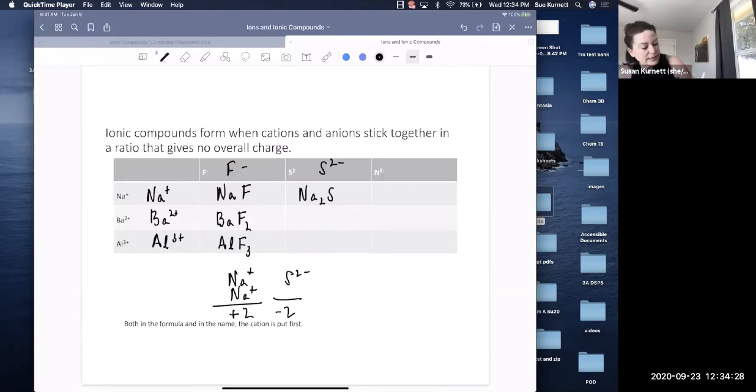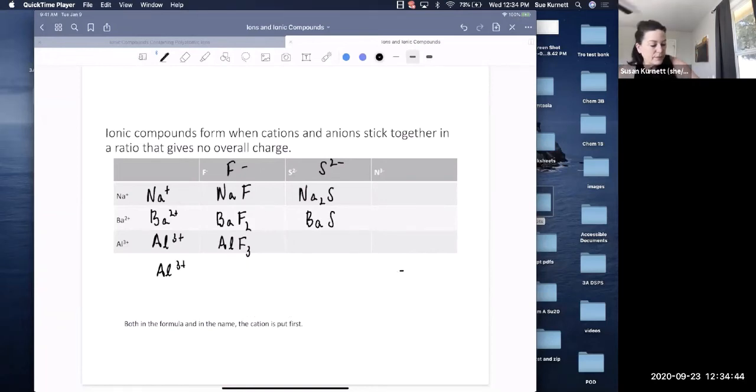Barium sulfide, well, barium's +2, sulfide's -2. They just come together in a 1-to-1 ratio. For aluminum and sulfide, I need the lowest common multiple of 3 and 2, and that is 6. So my goal is to have +6 for the cations and -6 for the anions.